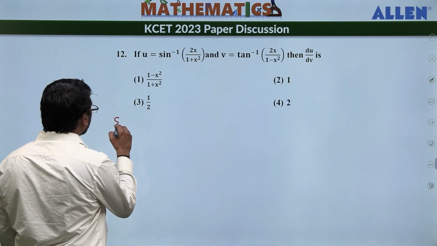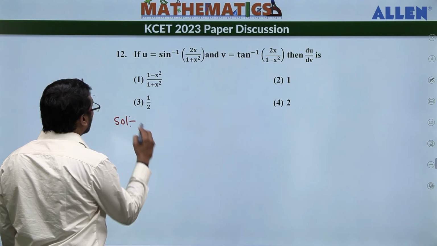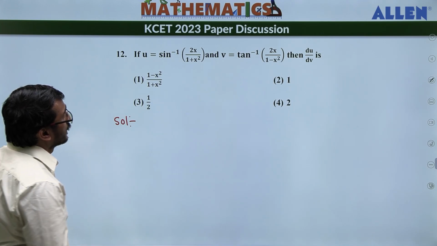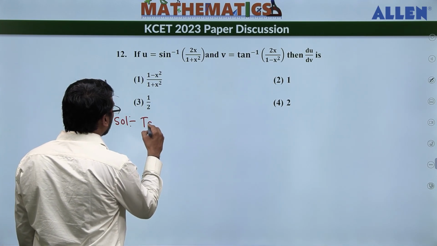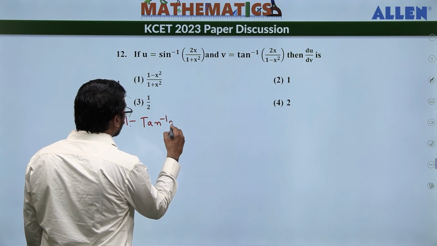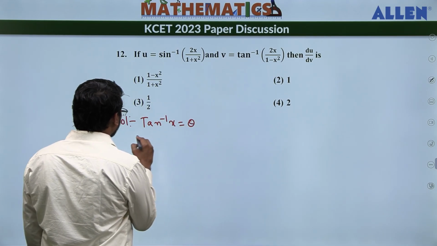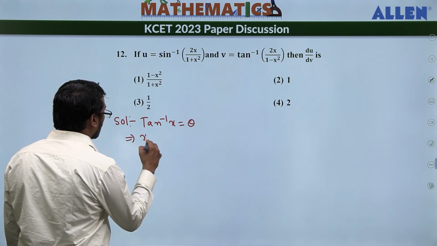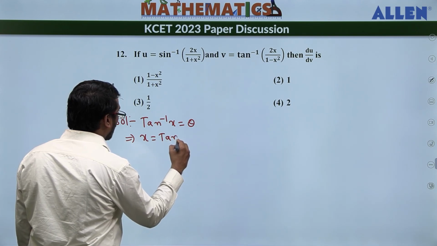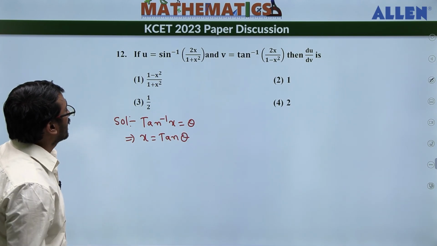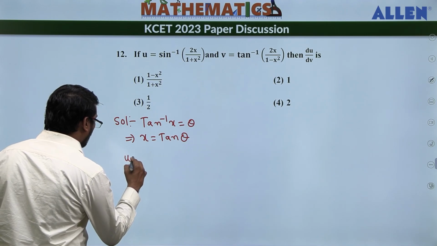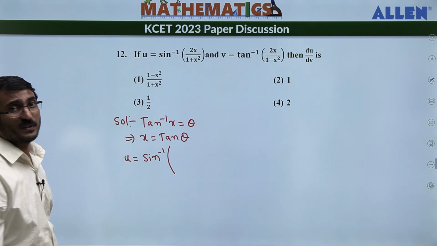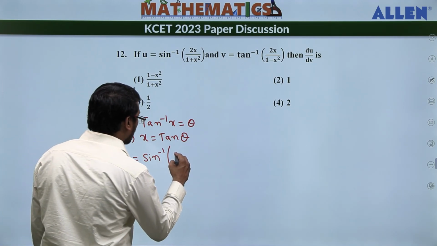This one. Tan inverse x is equal to theta. So x is equal to tan theta. So what is u? Sin inverse of 2 tan theta by 1 plus tan square theta is sin 2 theta.